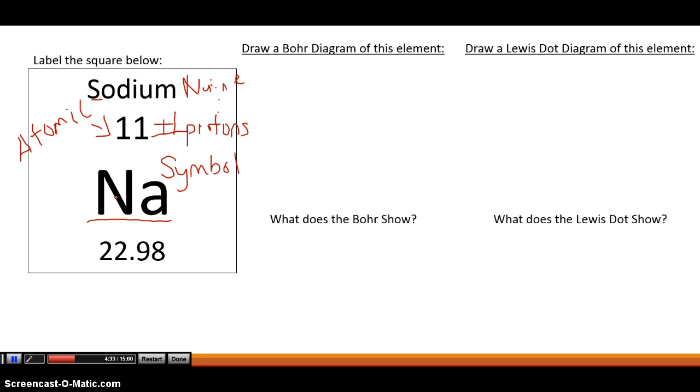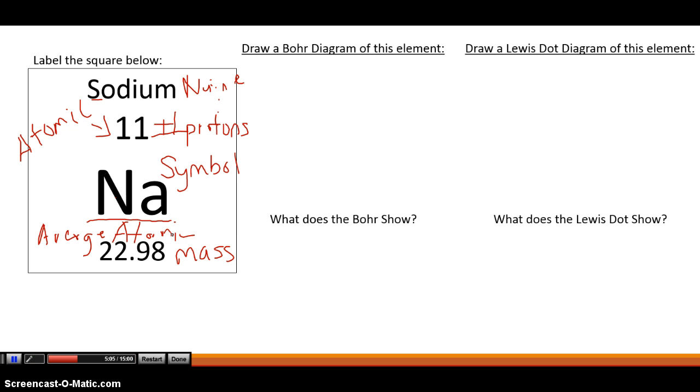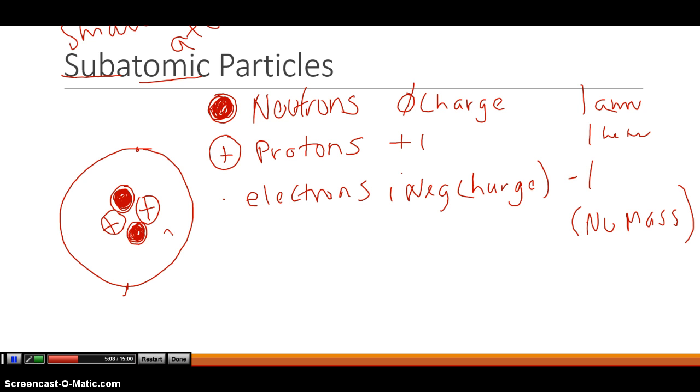Okay. So now we're down to the 22.98 at the bottom. This is the average atomic mass. Let's see if I can write that there. This is the average atomic mass, where you remember back here where we said these two have mass.